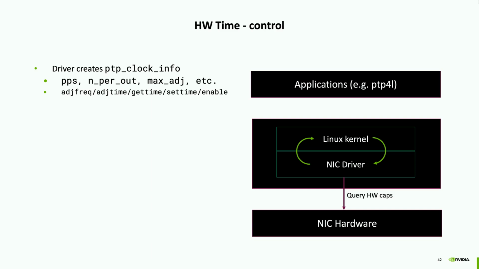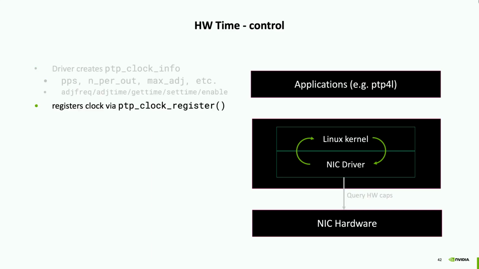It will fill in the arguments such as PPS, per out, and max adjust, the ones that were at the top of the table, and will implement all the functions and initialize function pointers. Potentially, it can query the hardware capabilities, then create this structure, and then it will register the clock using the PTP clock register. This will cause the subsystem to create this character device, and then you will be able to talk to your hardware clock.